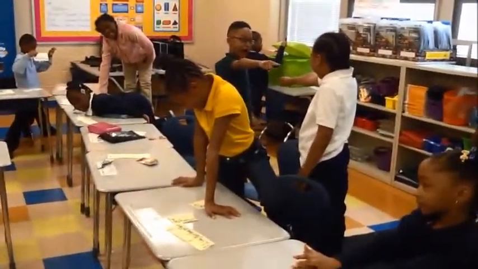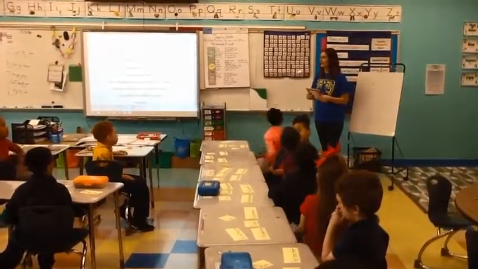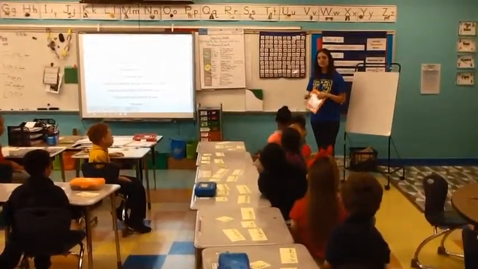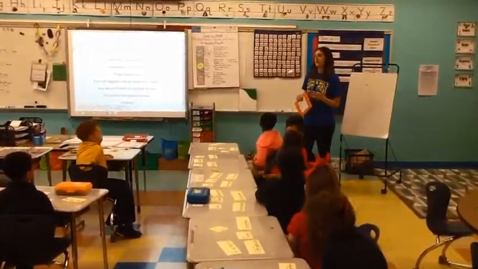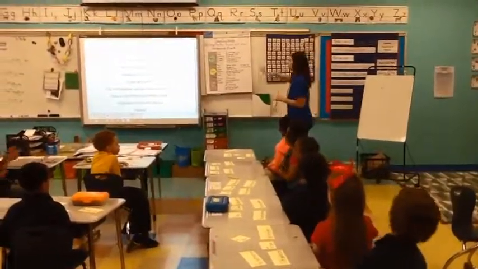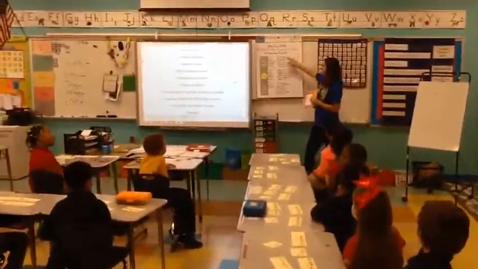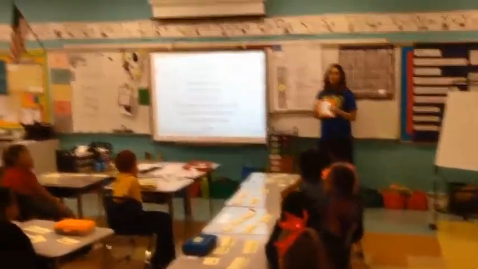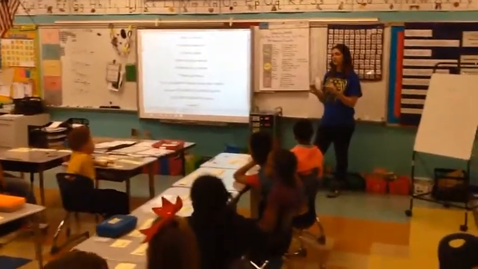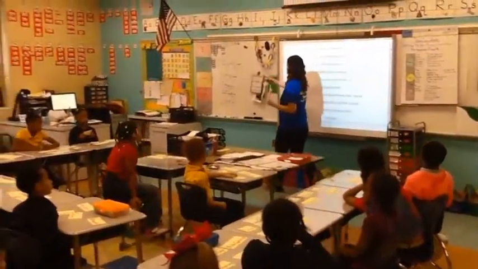Ladies and gentlemen, we have been talking about using signal words when we have been sequencing. And we've also been talking about transitional words. And if we remember from looking at our board up here, transitional words help move the story forward and show sequence of events. We have been talking about words such as first, then, next, after, and last.